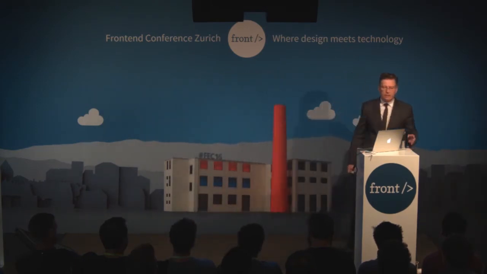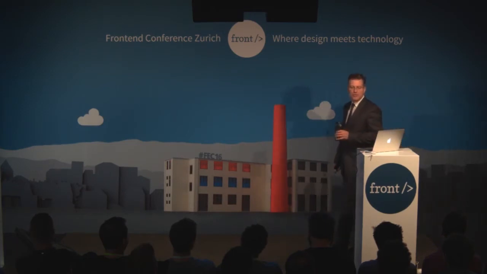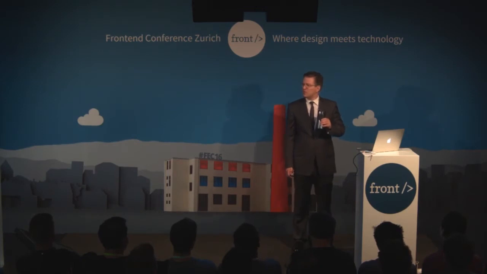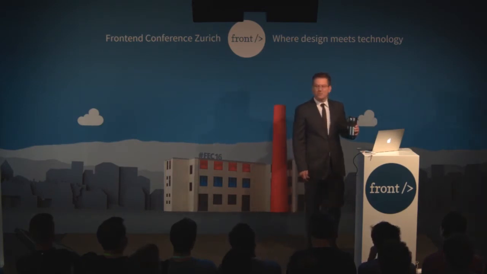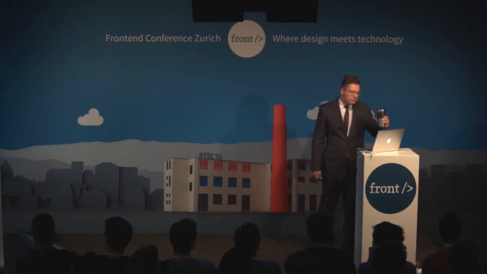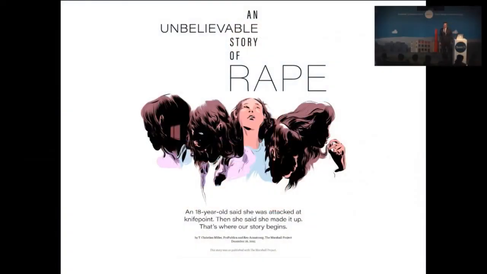This was art directed for the web by ProPublica's design director, David Sleight, and it won a Pulitzer Prize for explanatory reporting. Now, this tells a story of a woman who reported her assault to her local police department and was then charged with a misdemeanor for false reporting.